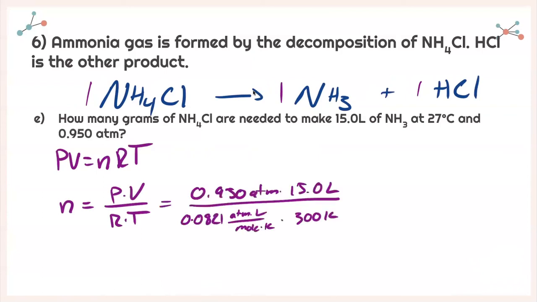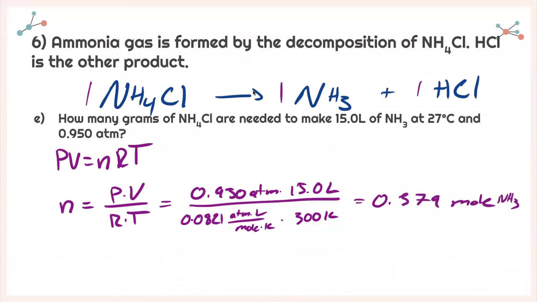Plugging everything that I have in, well, my pressure was given, my volume was also given. I'm going to choose an R that matches the units that I already have. The only thing that I needed to change was my temperature from degrees Celsius into Kelvin. Once I plug all of that into my calculator, I'm able to get 0.579 moles of ammonia.